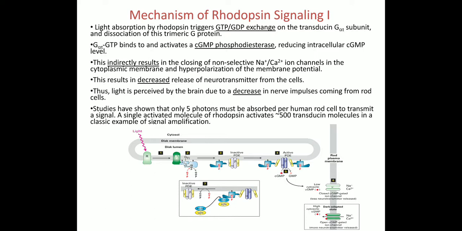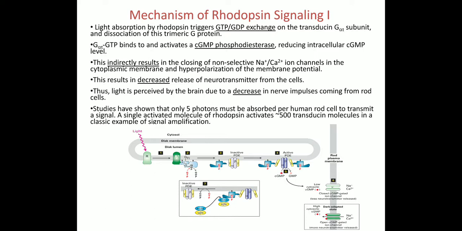The free GT alpha GTP generated then activates the cyclic GMP phosphodiesterase by binding to its inhibitory gamma subunits and dissociating them from the catalytic alpha and beta subunits.